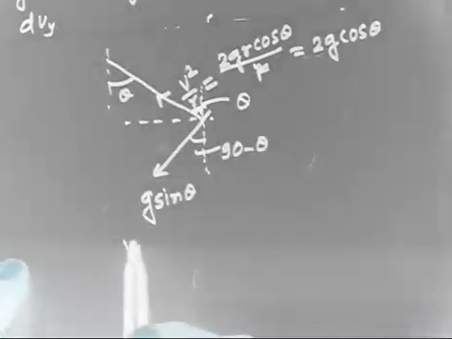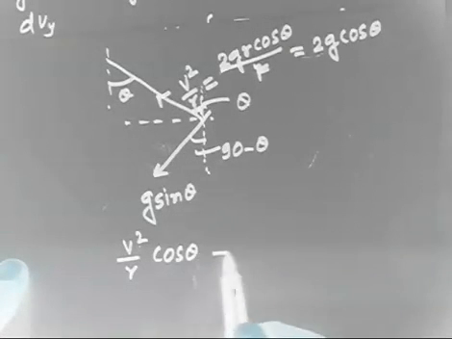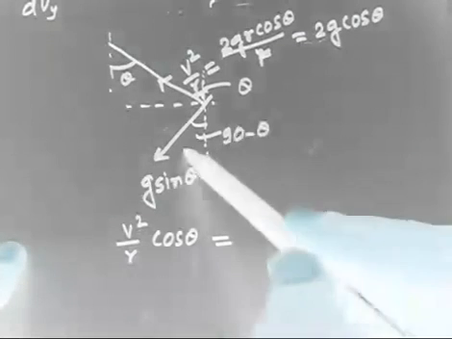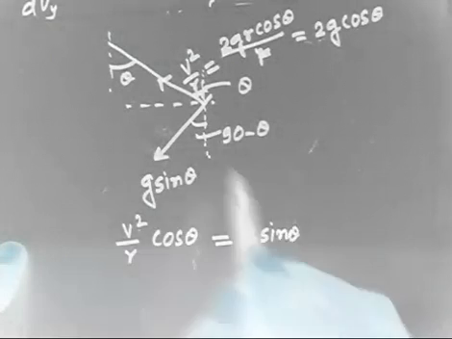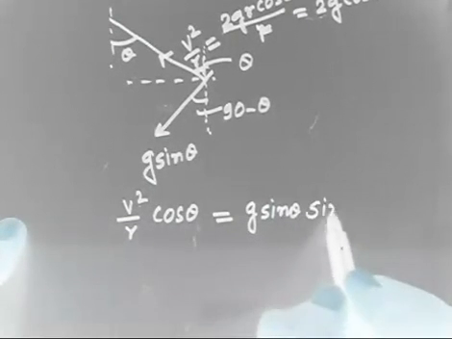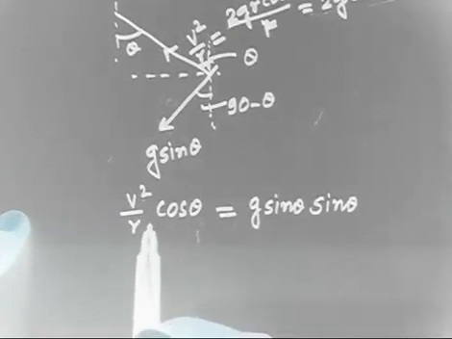This component, v square by r cos theta, should be equal to the downward component, that is g sin theta times cos of 90 minus theta, that is sin theta. And v square by r is given by 2g cos theta.